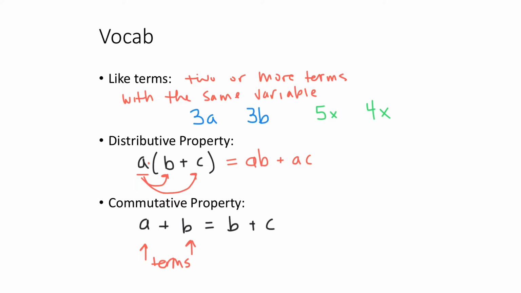So it's not just about adding in any order, it's about changing the order of the terms, so long as you keep everything in its true value. So positives stay positives and negative values stay negative, and we'll take a look at those as we go along. But these are the three things, the two properties and the vocab, that we're going to be using in today's lesson.